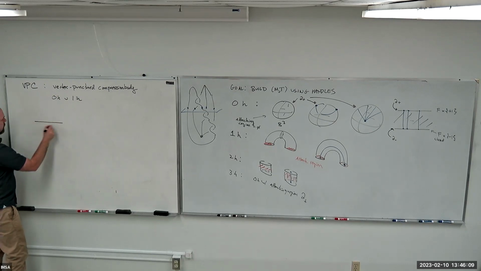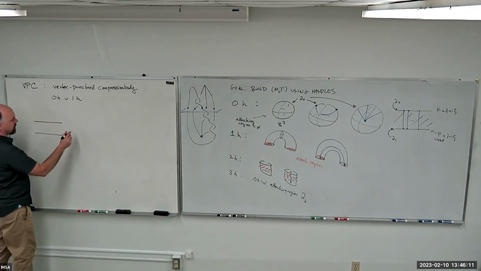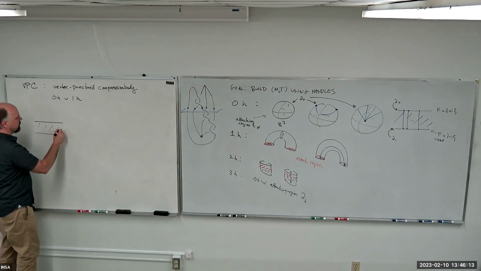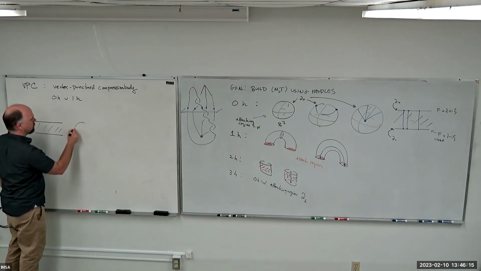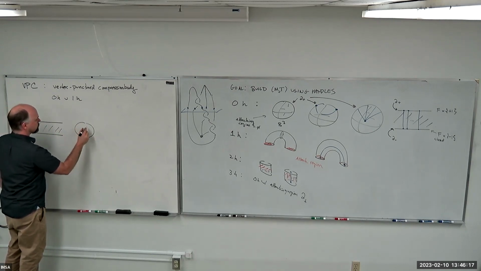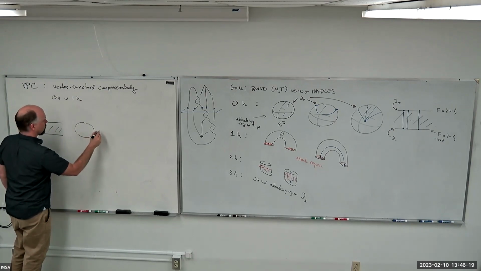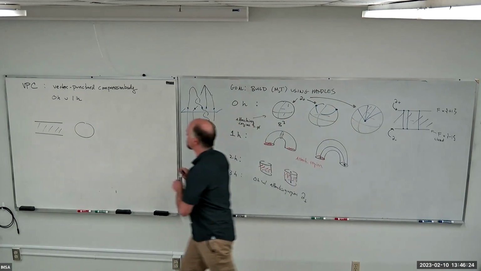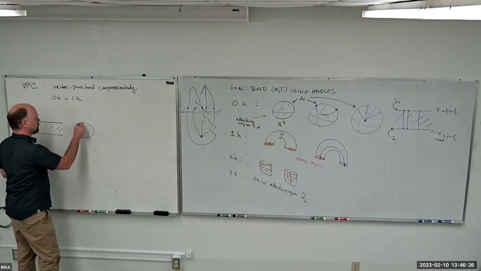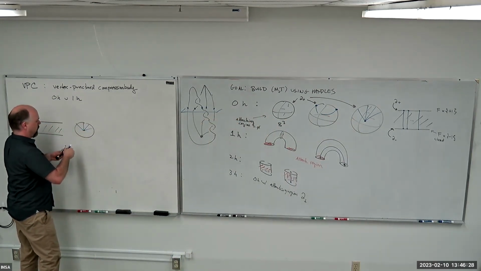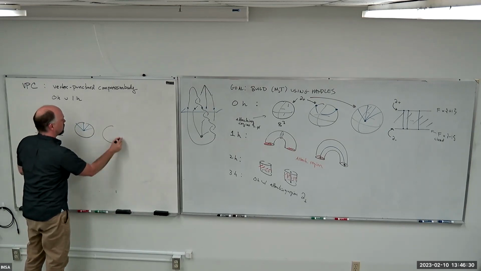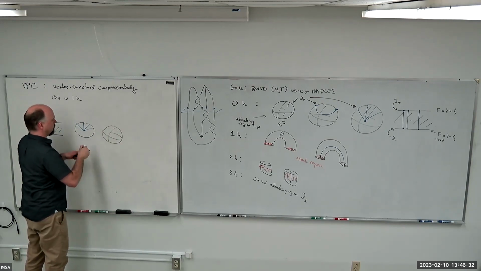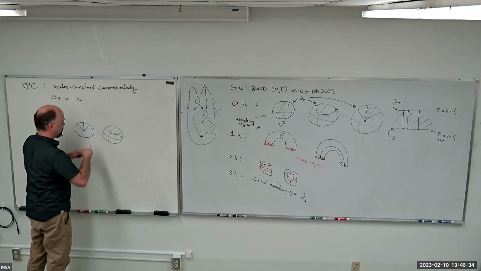So for instance, let me draw a schematic picture of this. Maybe we have one of these product zero handles and one of these ones with a vertex. Maybe we have one that doesn't have the vertex.